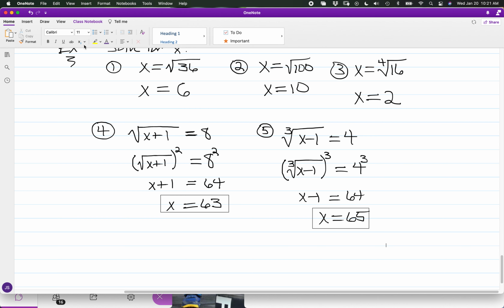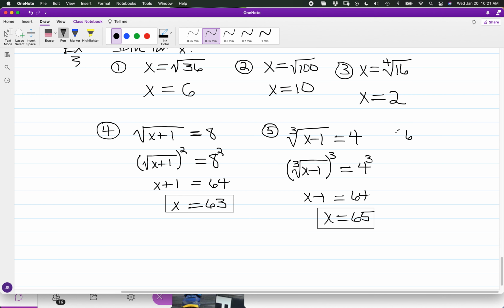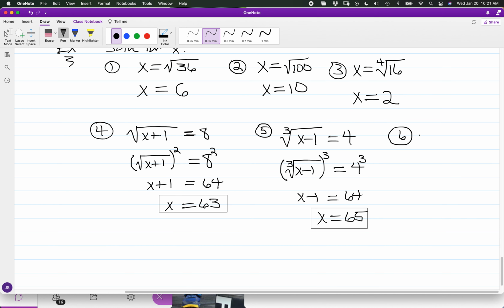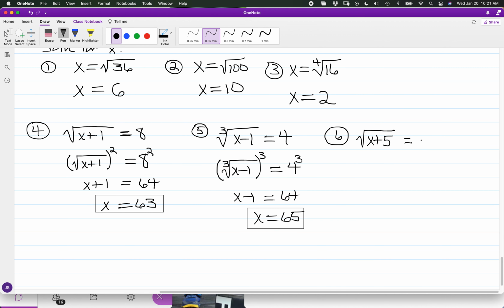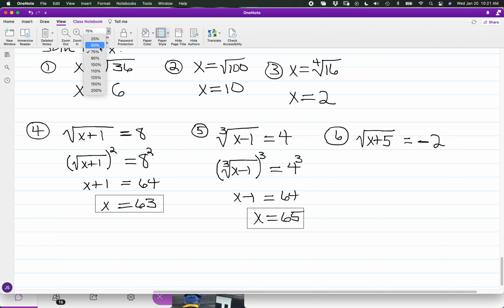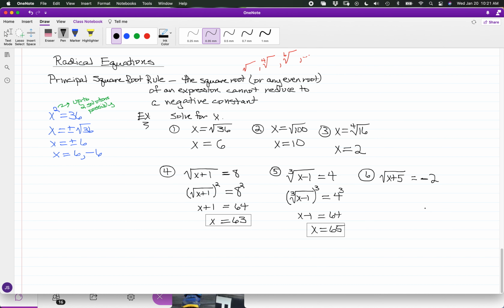And just a couple of cases here. If I have, let's say, the square root of x plus 5 is equal to negative 2. Okay, now this one is not going to have a solution, because the square root of x plus 5 is an even root.